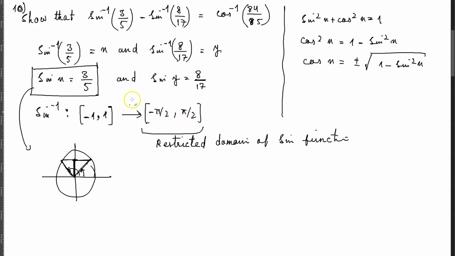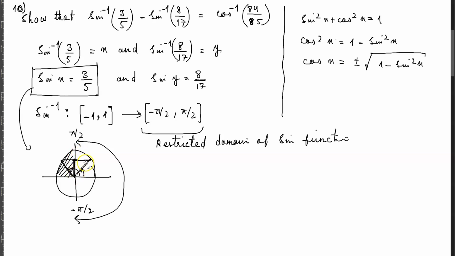But since we have restricted the domain of the sine function to negative pi by 2 to pi by 2, meaning that from here negative pi by 2 would be here and pi by 2 would be here, then of course I can automatically rule out all of the angles that I would get in the second quadrant, and I know that now the angle is in the first quadrant.